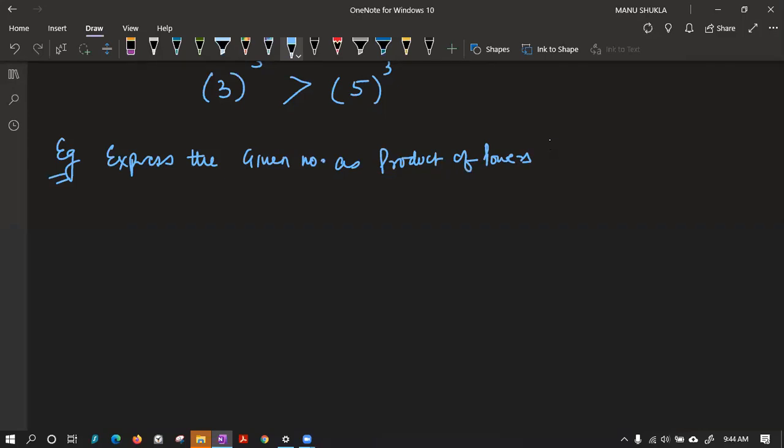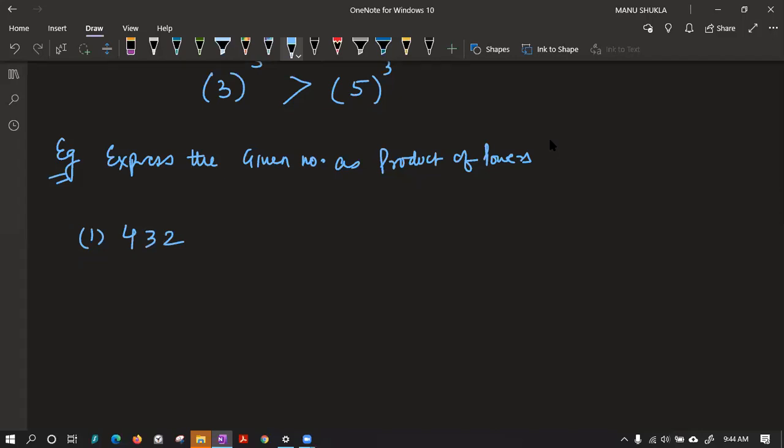First example is, suppose I give you 432. Okay, let's try with this only. 432. We have to express. Mokshita, this example will help you with this doubt. Try to solve this one. Again, you have to prime factorize it and write it in terms of the prime factors, and then you will get the answer.